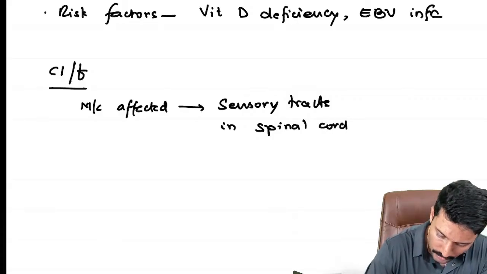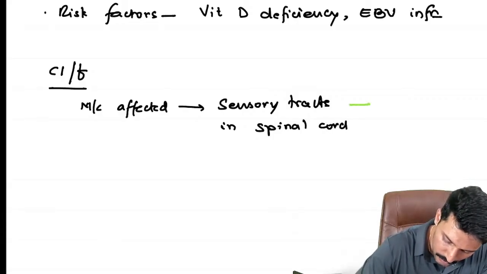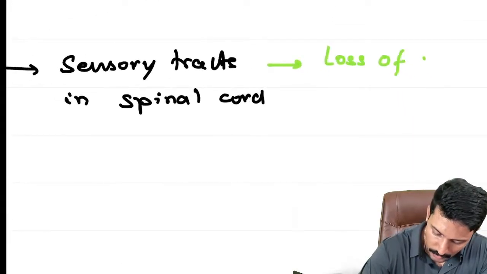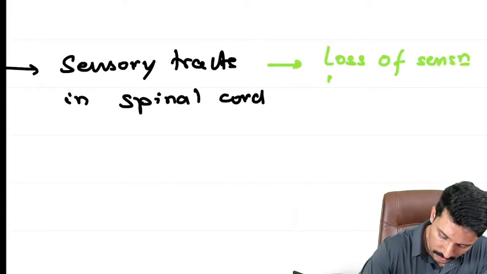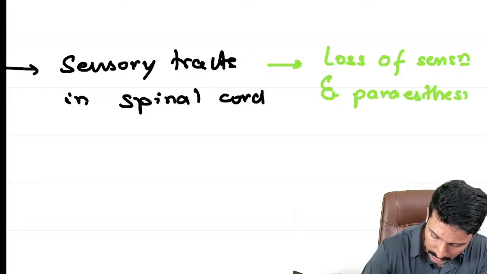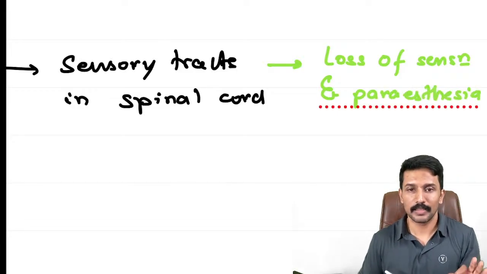And if they get affected, what symptom are we expecting? In terms of symptoms, we are expecting loss of sensations and paresthesia. These are the commonest symptoms of patients with multiple sclerosis.